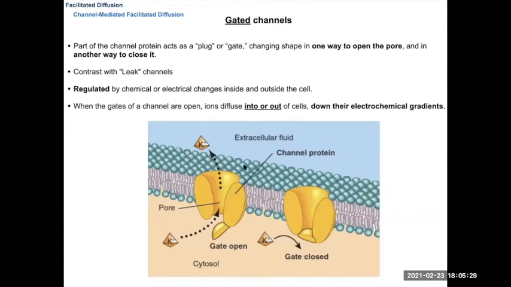A lot of the channels though, these ion channels and other channels, are going to be what's called gated. That is, there's going to be some kind of control over whether these are open or not, right? So this is potassium right here. And we said that the membrane was highly permeable to potassium. At any point, for some of these channel proteins, you can close that gate and all of a sudden you're going to decrease your permeability to potassium, right?